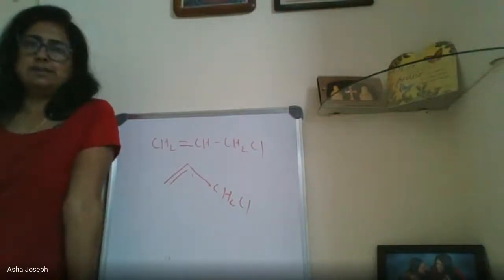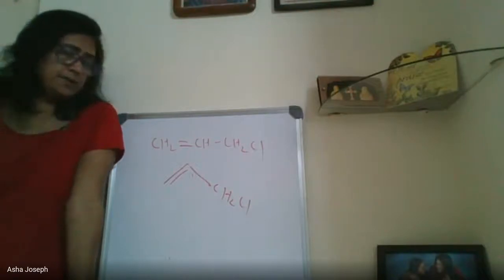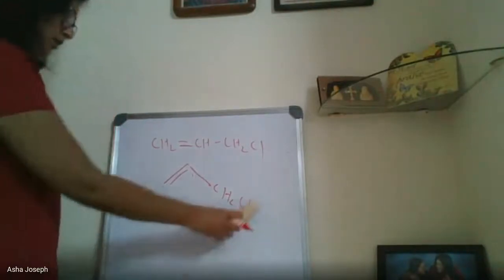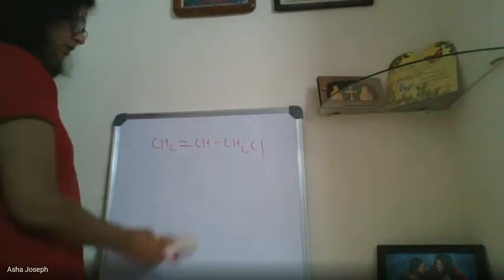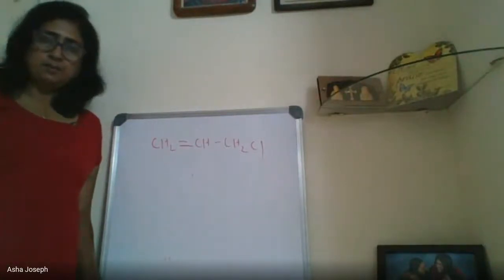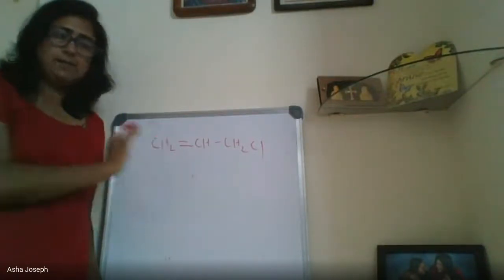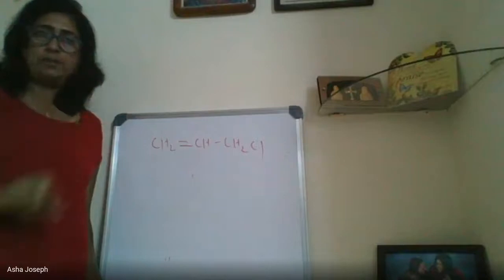Now the question. They don't ask you to write the classification and all. They will give you different haloalkanes or halogen compounds and ask you to identify which is allylic. This is the point. Write it down and keep the point.